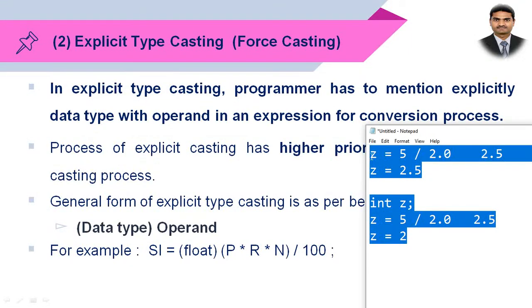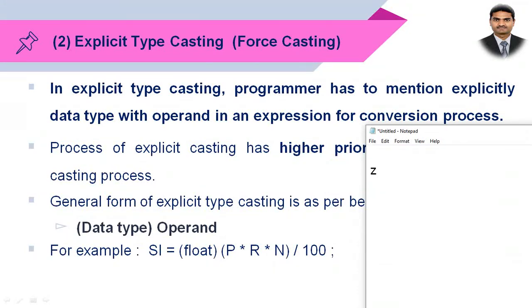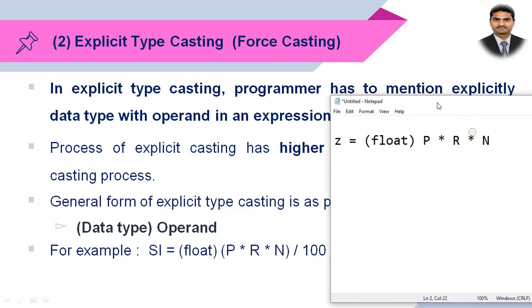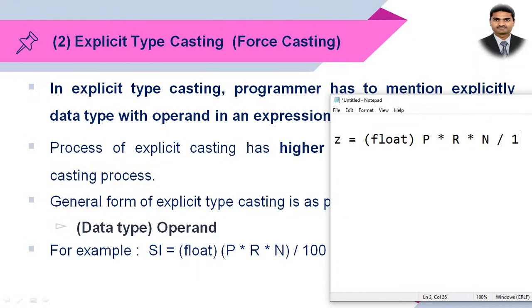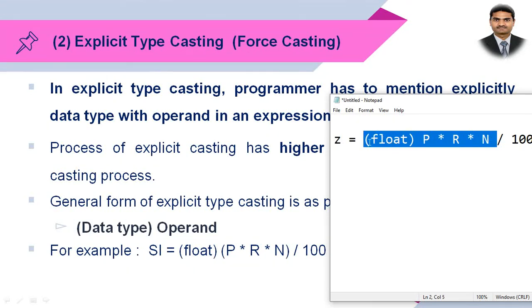There are many options to write these statements, like z is equal to float, then p multiplied by r multiplied by n divided by 100, right? So here first p will be converted into float, and we know that if one of the operands is float, then the overall output will be a float, right? Even suppose if you don't want to write this float here, then you can write the float over here also.